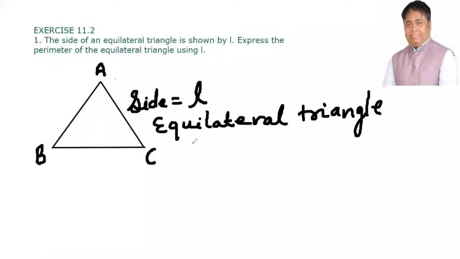That means AB is equal to BC is equal to CA.